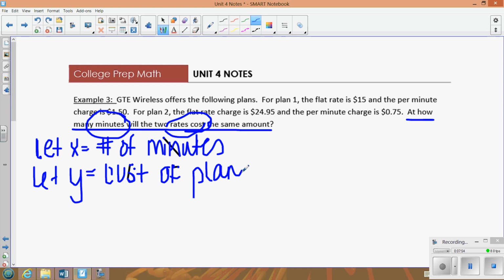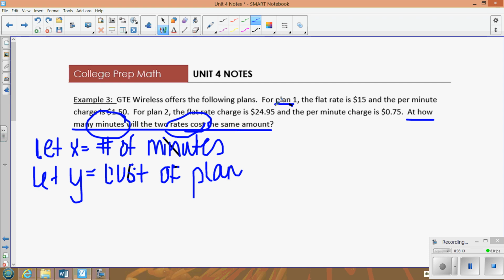So for plan 1, so the first plan, I have flat rate is $15. So it costs $15 plus however much you spend per minute, or how many minutes you talk, times $1.50. So it's $1.50 per minute.